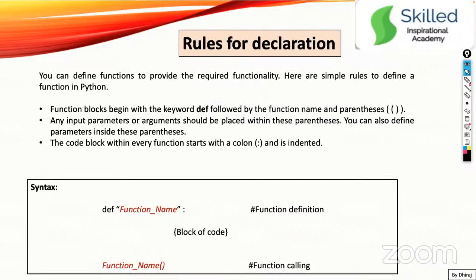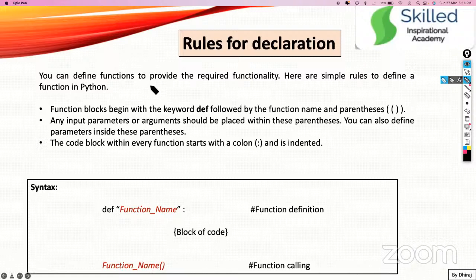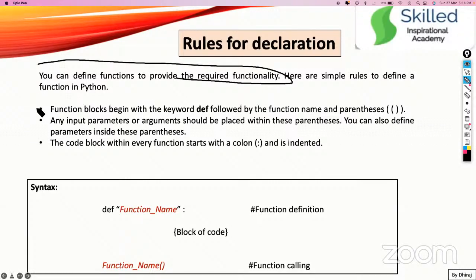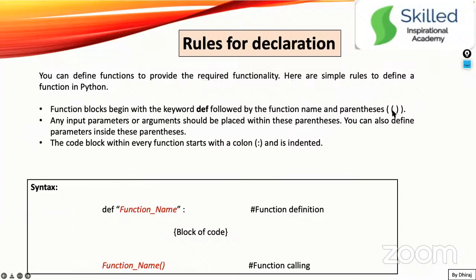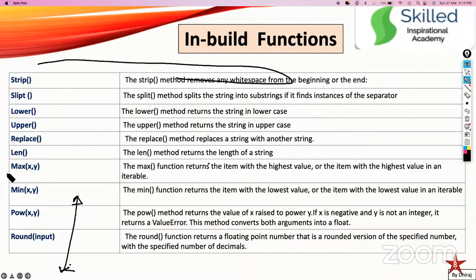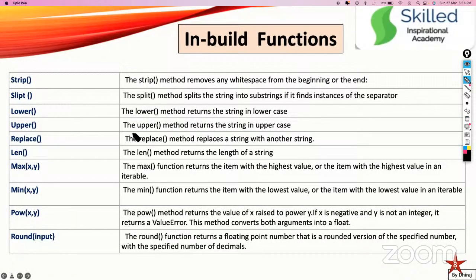There are some rules to declare that function, guys, so we need to follow some rules. You can define a function to provide the required functionality. We will come to the declaration and calling part when we study user defined functions. Till then, just ignore this slide. Now let's go with inbuilt functions.